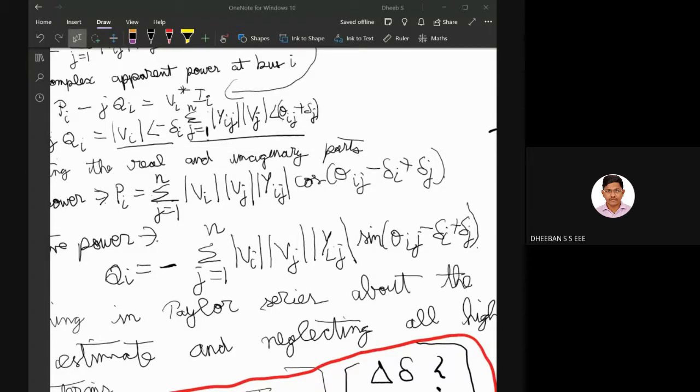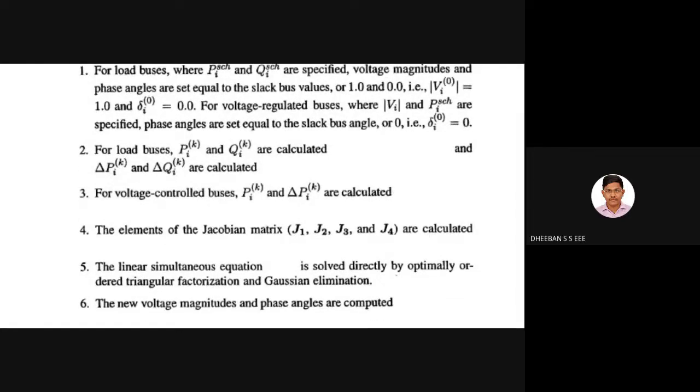After finding this PIK and QIK, you have to calculate the value of del PIK and del QIK.